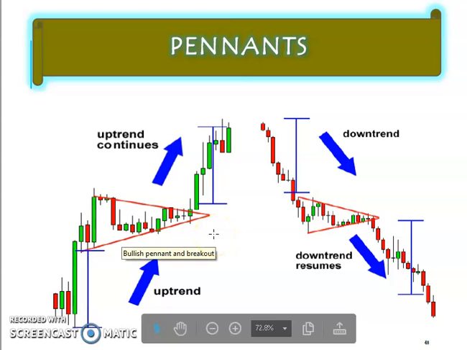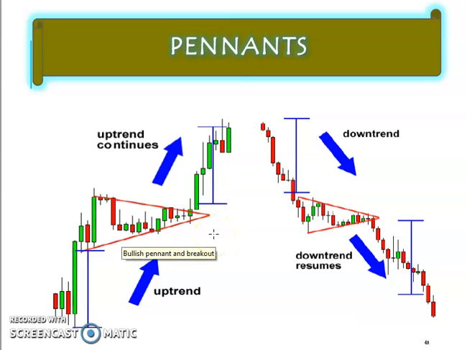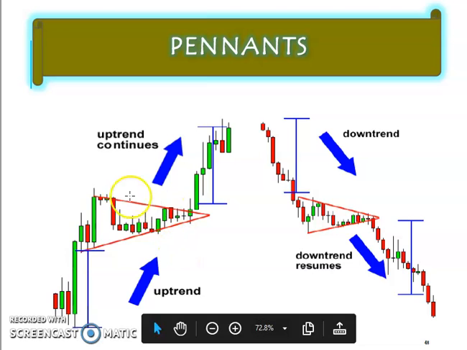So how are we going to use this pennant pattern to signal us to buy or to sell? For example, you have the intention to buy this stock because you see there is potential in this stock. When you want to enter, one of the points that you can enter is when the price breaks the pattern.